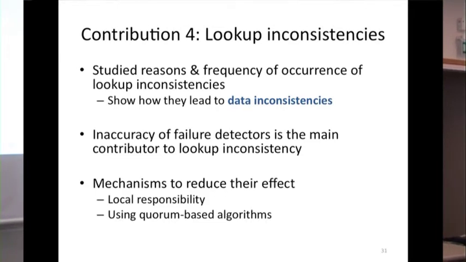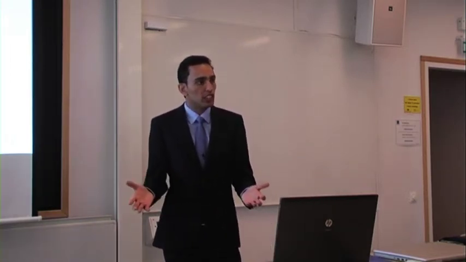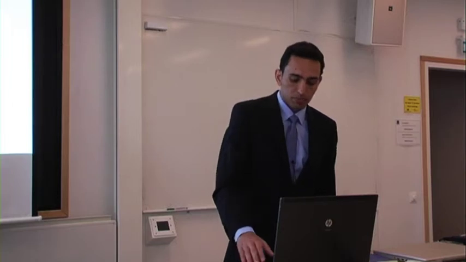And we discussed some mechanisms that can reduce the effects of these lookup inconsistencies. As Peter mentioned, some of these were in the folklore, where people said you can use this way or that way to reduce them. But if you want to build a system on top of such a thing, you first have to evaluate and see that there actually is such an effect. That's why we wanted to study this first.